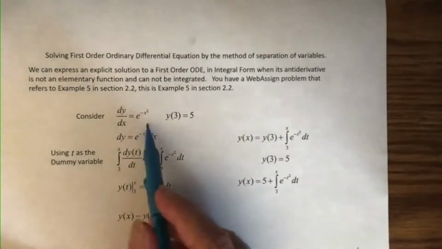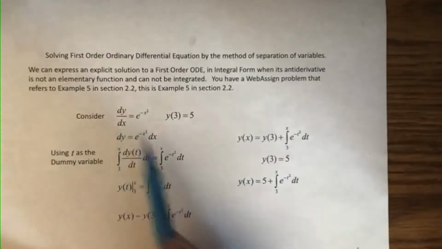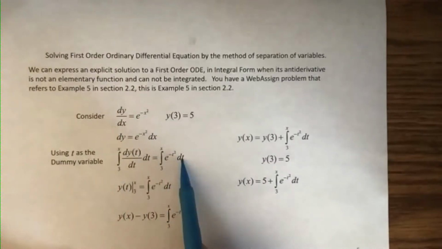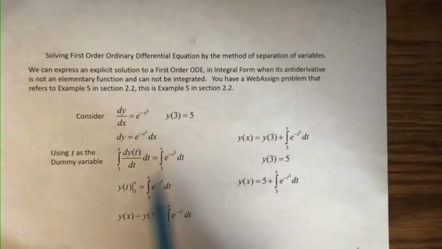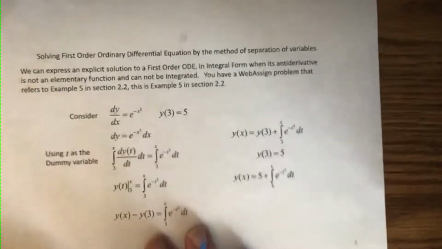In this case, once again, you bring the x to one side and the dt to the other. But we don't have to worry about these. You would end up doing this numerically.